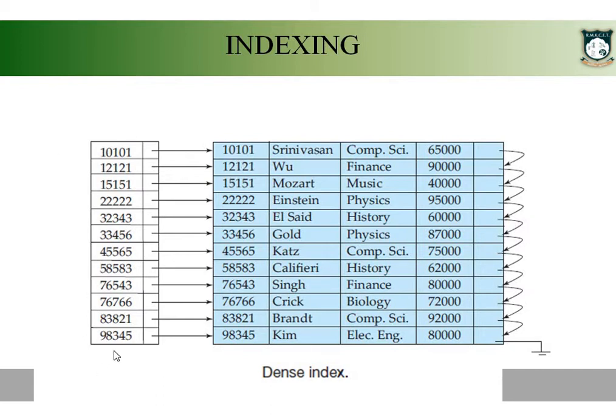Now this index file is created for the instructor ID field. If the index file has all the key values in it, then it is referred to as a dense index.